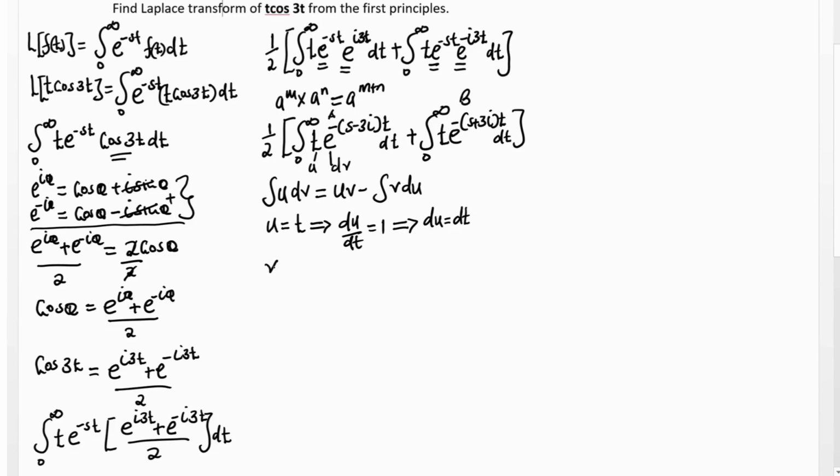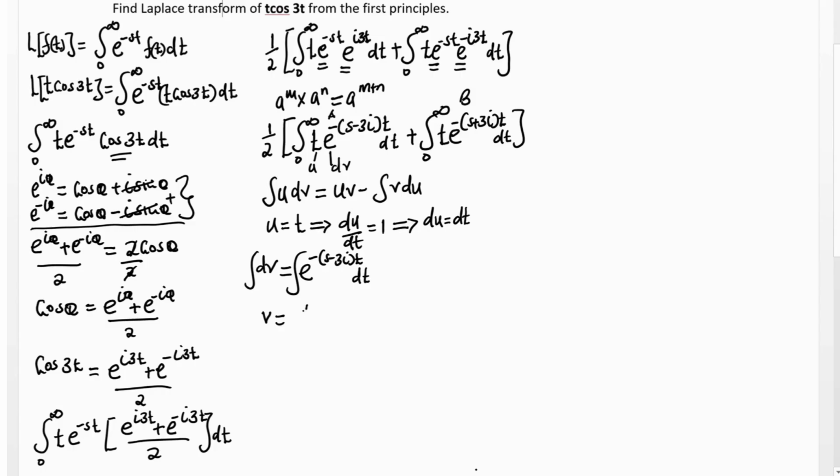And dv is given by e raised to minus into s minus 3i t. For us to obtain v, we integrate dv with respect to t.